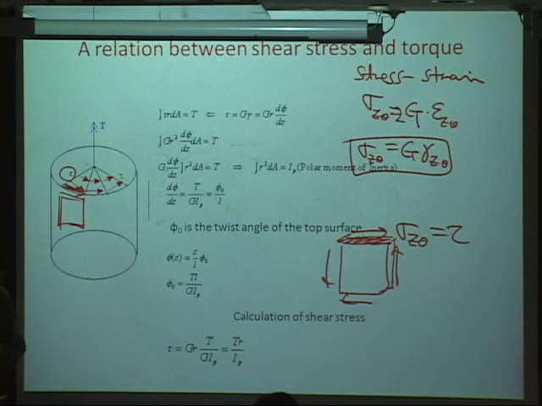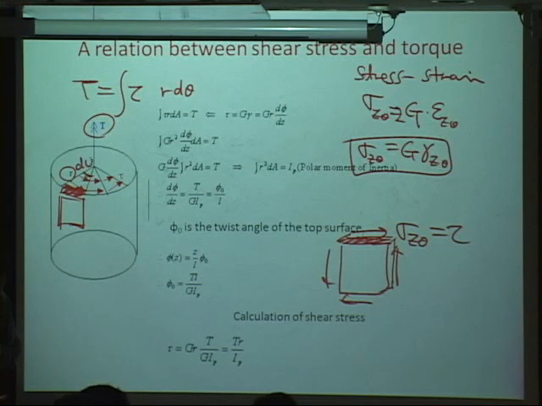okay, tau, and the torque applied should be the same as this tau times this area. What is that? R d theta, okay, this, let's say d theta, and R times dr. This is the dA, right?